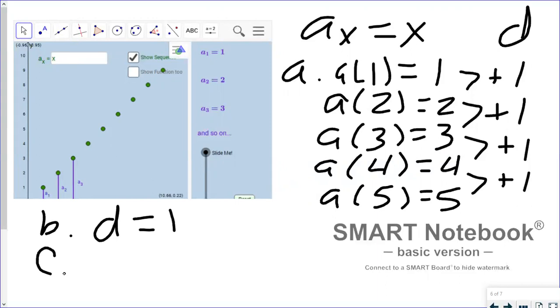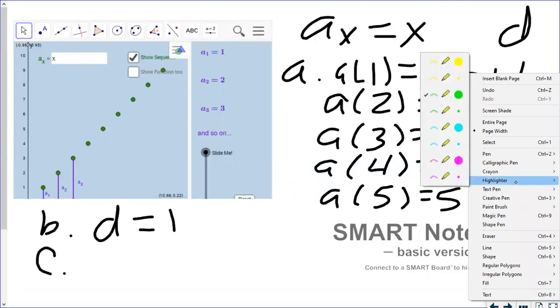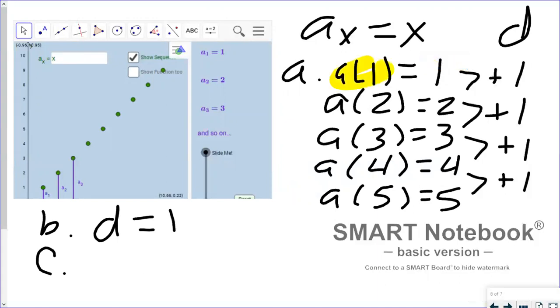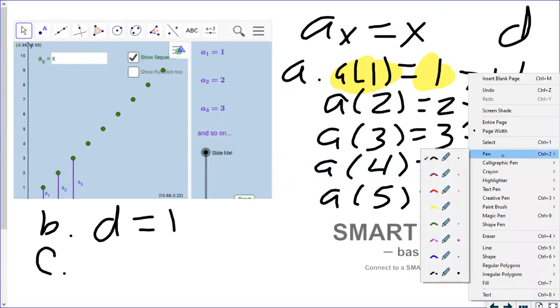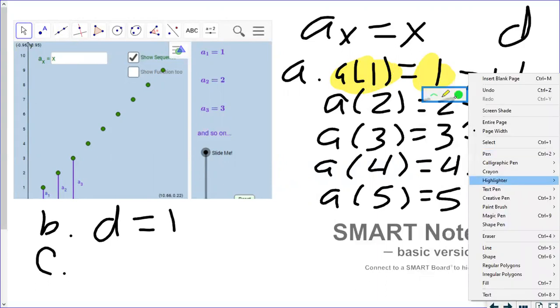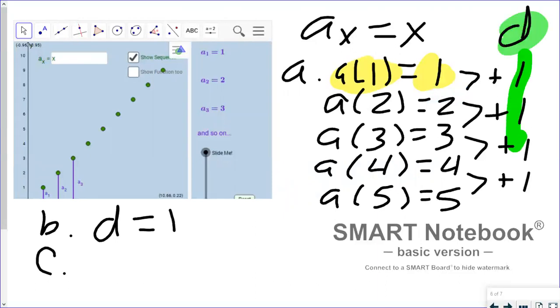Part C, it's asking for a recursive formula. Let me grab the highlighter. We'll highlight the first term, A1, in yellow, and the common difference, D, I want to highlight in green.